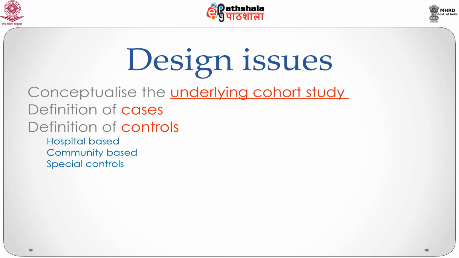This is perhaps more generalizable but of course logistically more difficult. We could have special controls consisting of family members of those who are hospitalized, or neighbors, or twins, and so on. None of the methods for selection of controls is completely free from bias, and for more details on this you are referred to the paper on biostatistics in the section on epidemiology.